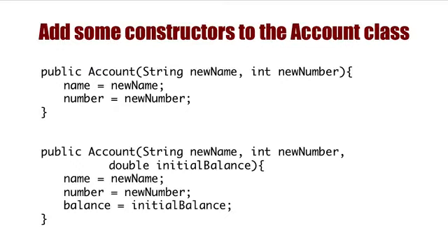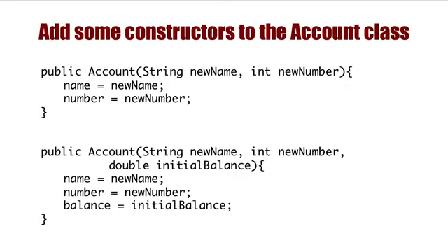Here is the syntax for two different constructors. The first one would be used to create an account and set the name and number. Since we didn't initialize the balance, that would still be set to the default value of 0.0. The second constructor will initialize all three instance variables. All constructors must have the same name as the class itself.